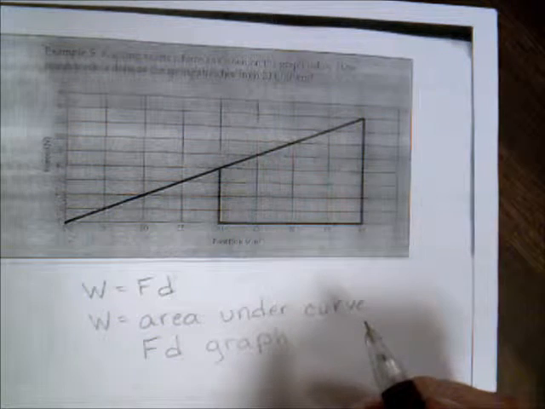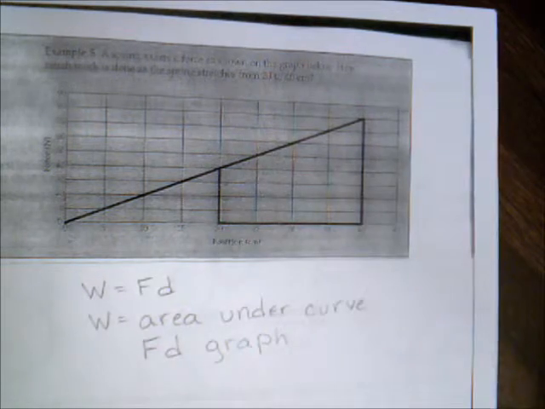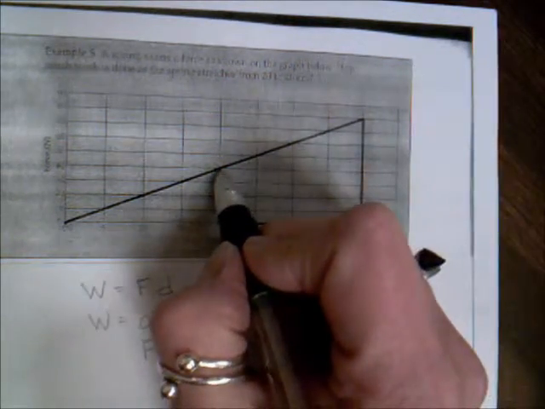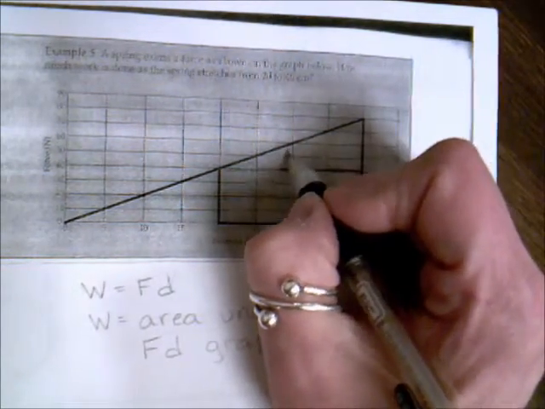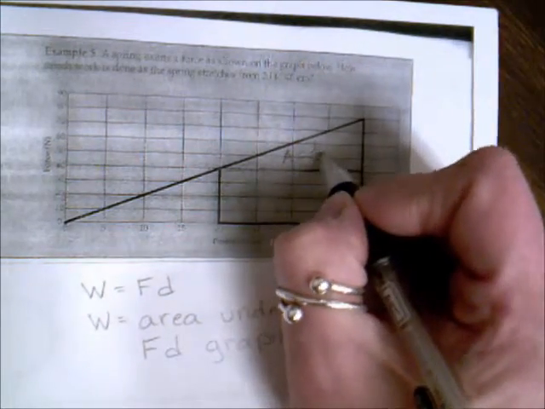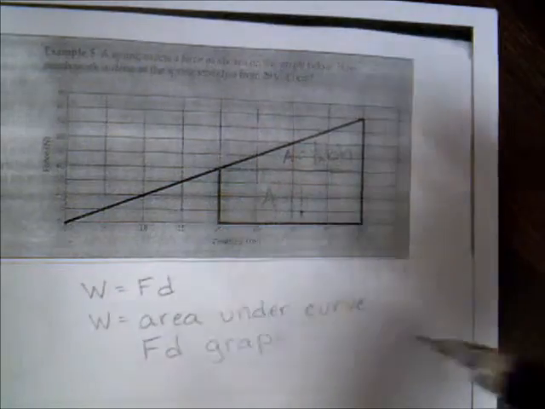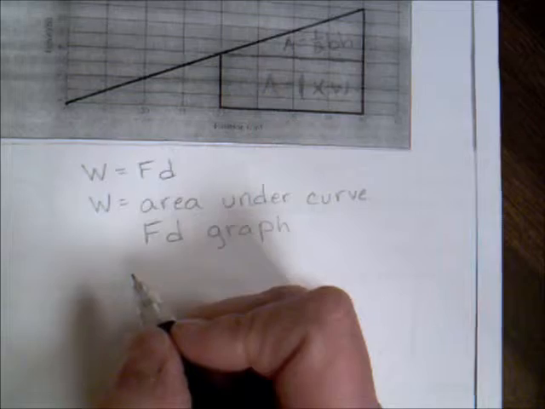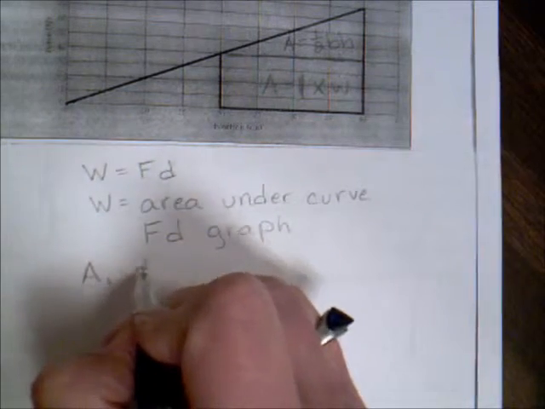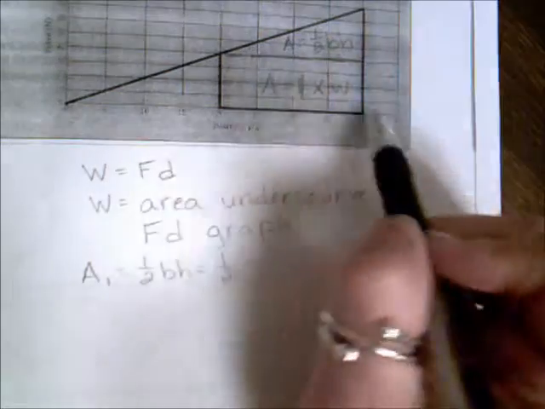And so we can split these up into triangles and rectangles and use area. So I'm going to split this up right here. I'm going to make this a triangle. So here the area is going to equal 1/2 base times height. Here the area is going to be length times width. So area 1, 1/2 base times height, equals 1/2. My base from 20 to 40 is 20.